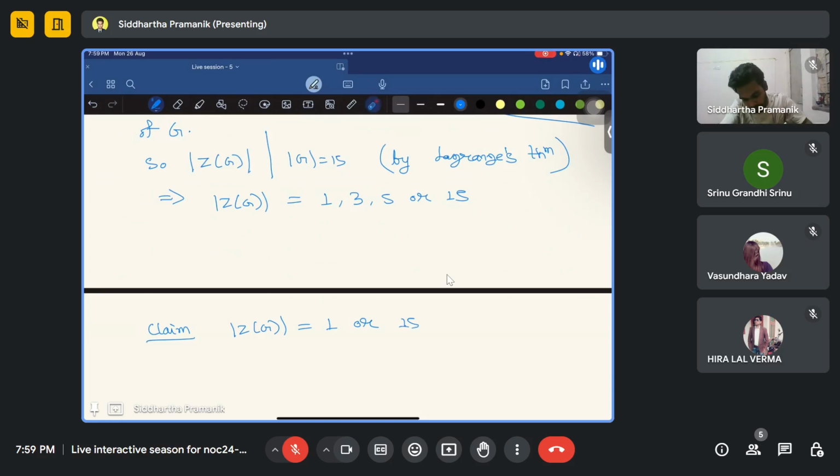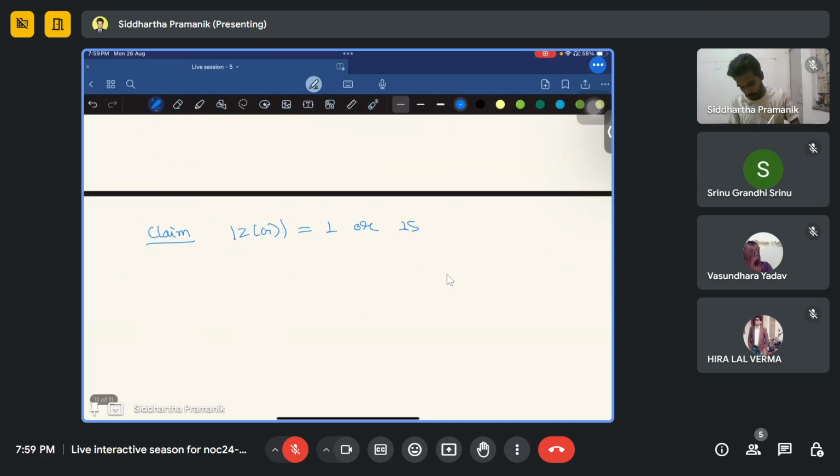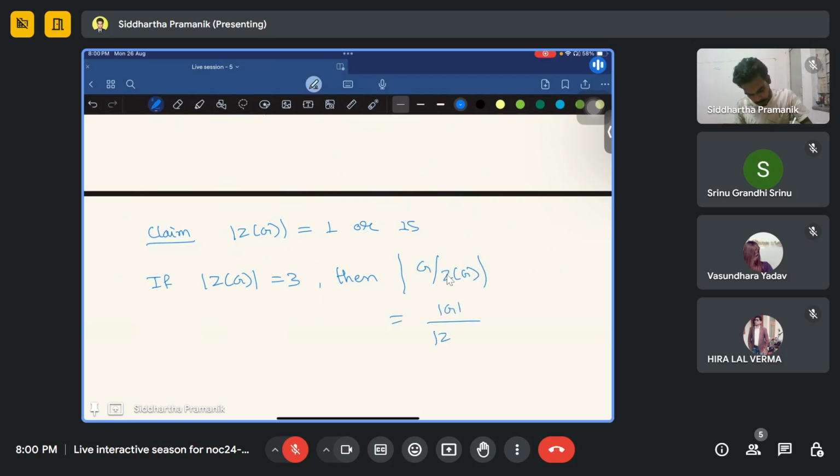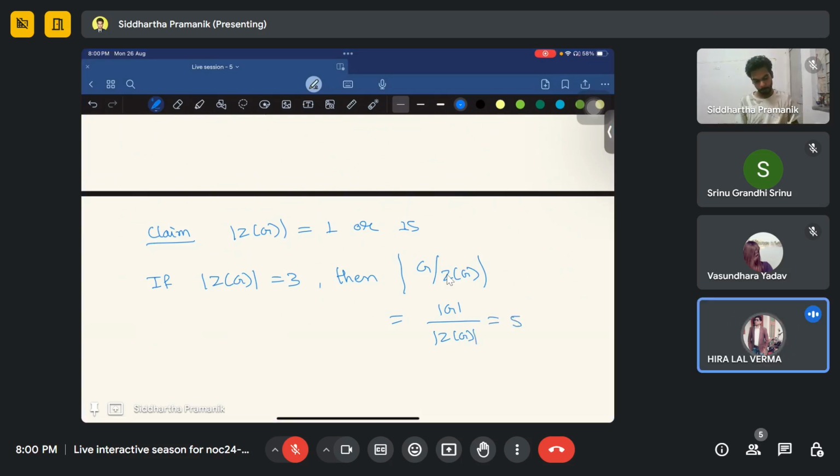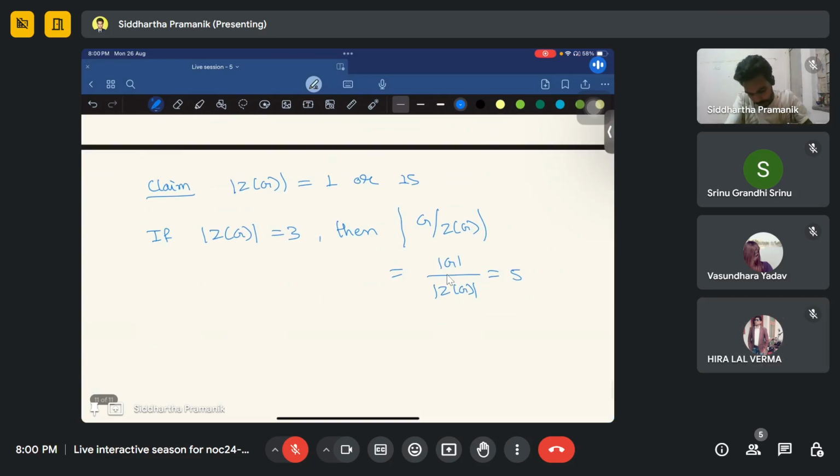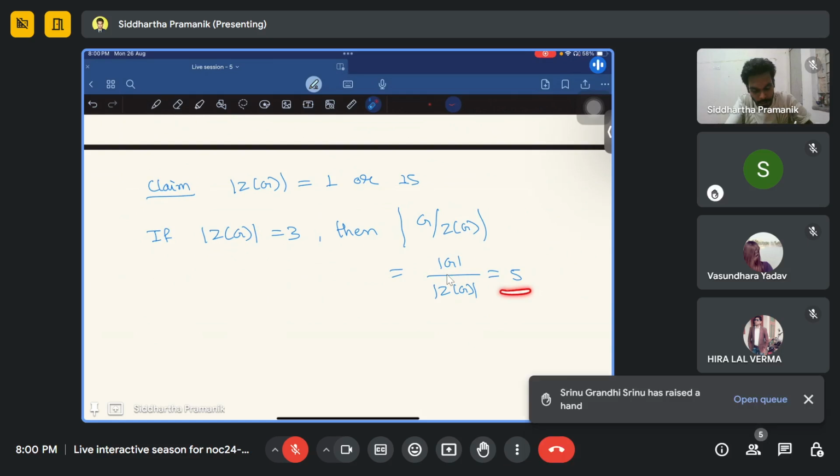That means it cannot be 3 or 5. So if the order of ZG equals 3, then what is the order of this quotient? This is just the order of G by the order of ZG, right? So it is 5. Now you have seen that 5 is a prime number.